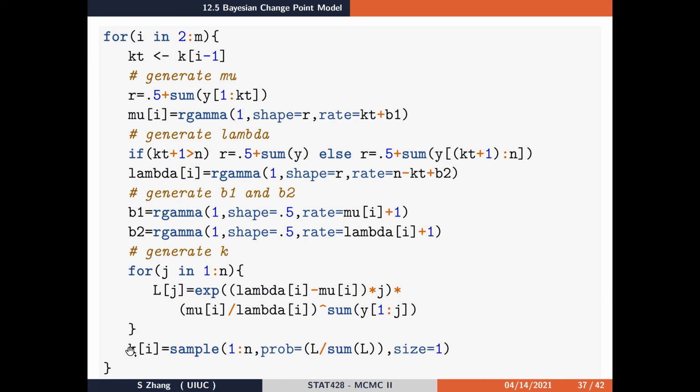So we will sample the next k from 1 through n, where the corresponding probabilities for each of these time points between 1 and n is given by L divided by the sum of L. You can see in each iteration, we update each of these parameters iteratively. And when we update each parameter, we condition on the most recent draw of the other parameters. You can see over here, we plug in mu i and lambda i, etc.